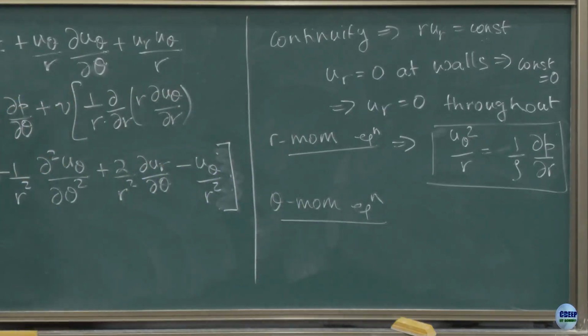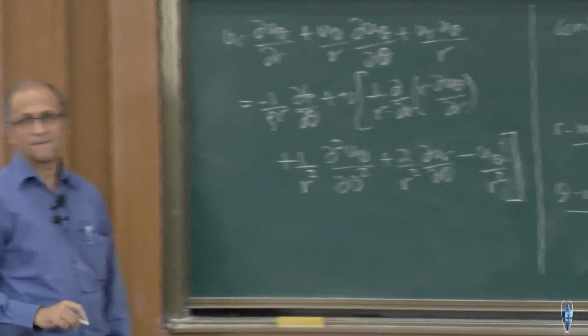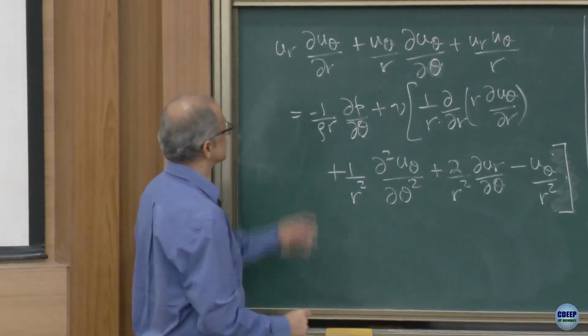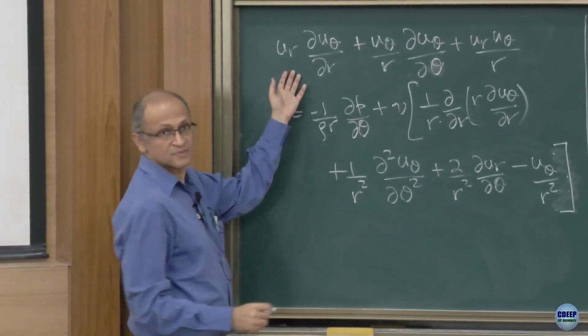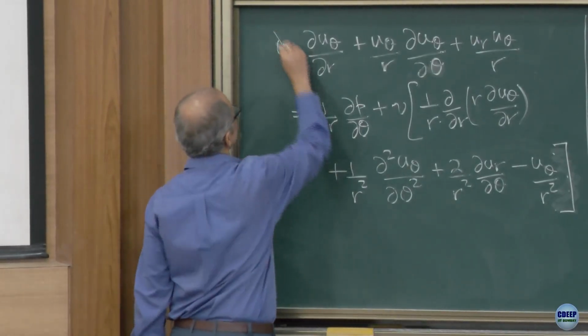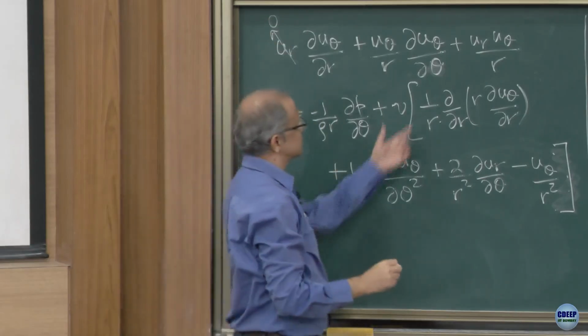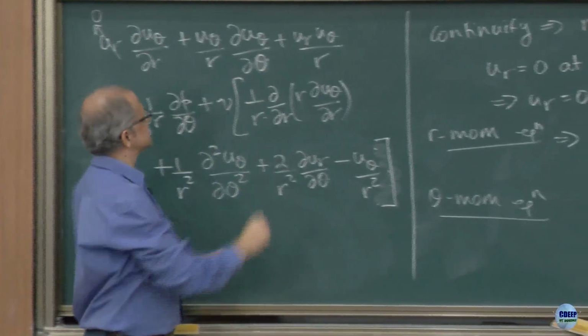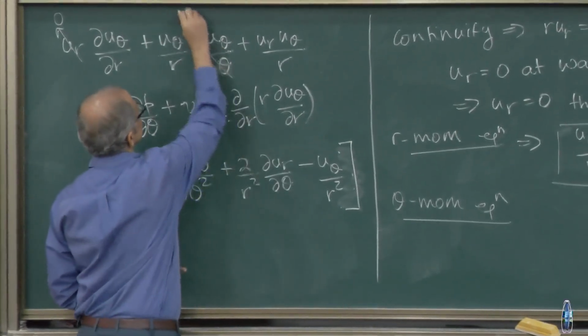So the theta momentum equation, help me simplify. First term, 0, since u is 0. Second term, axis symmetry, 0.